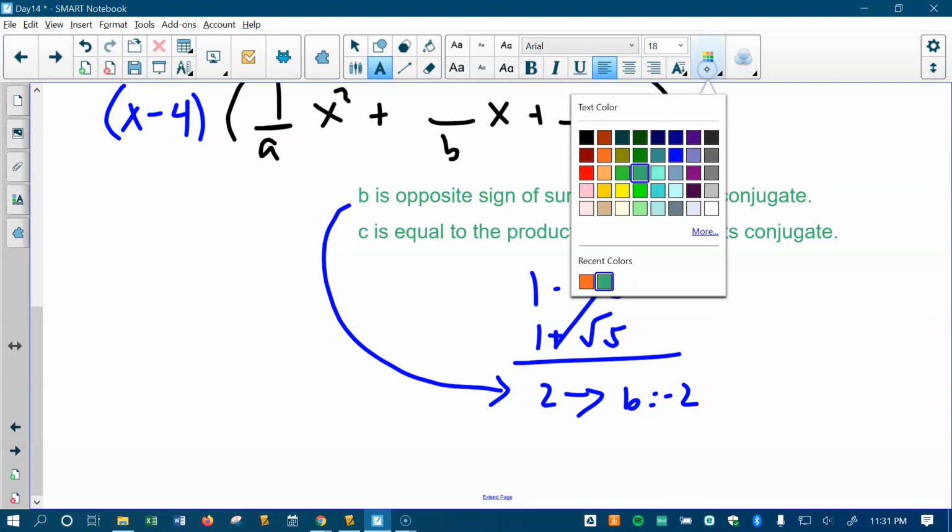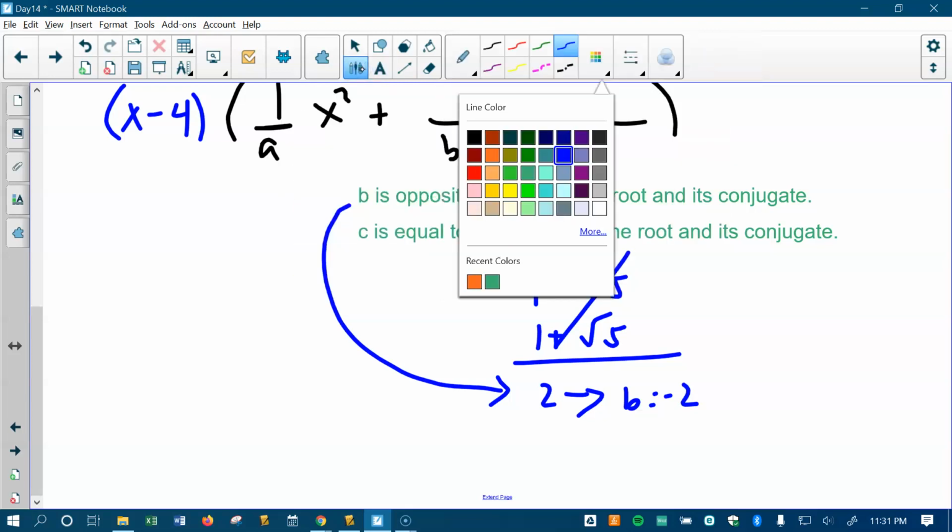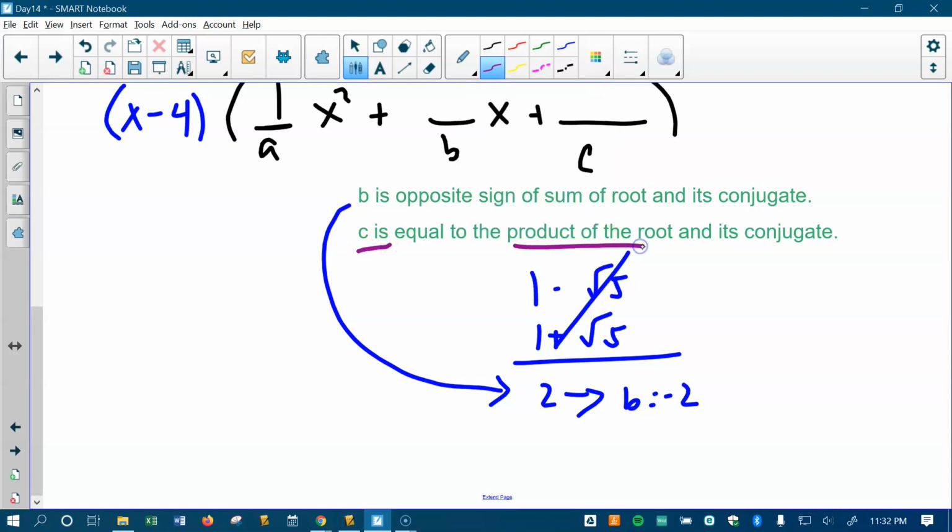For c, and I know I changed the pen color here, so let me switch that. I have to multiply the roots because c is equal to the product of the roots. So I'll multiply 1 minus root 5 times 1 plus root 5. And when I multiply these together, I get 1 here.